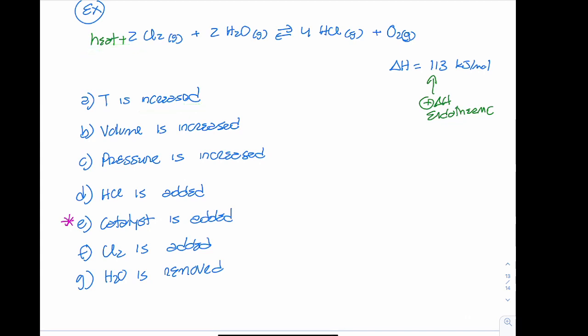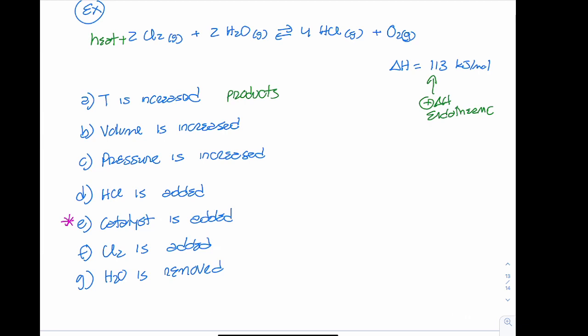I need to undo that, and I'm going to shift towards products. So I'm just writing down the direction that it's going to shift. Sorry, I didn't write down the instructions for the problem, but the question is determine which direction the reaction will shift to get back to equilibrium under the following stresses, something like that.